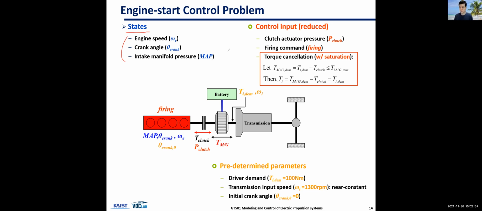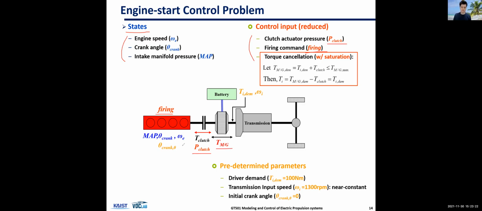Key dynamic states. And then we have three control inputs, which are clutch pressure, firing, and then motor torque.